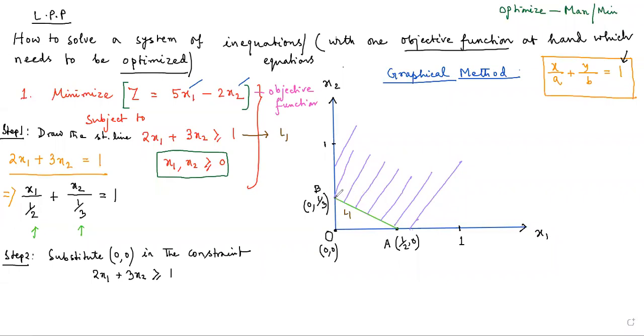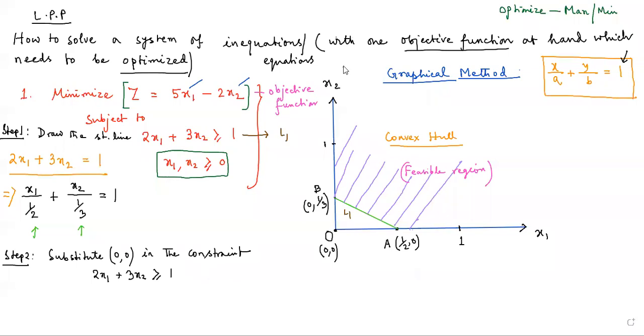This type of region that we have obtained, which is unbounded on one side and bounded on the other side, mathematically is called convex hull. And here we'll call this region the feasible region of the given problem.